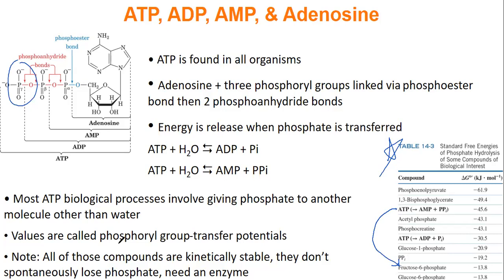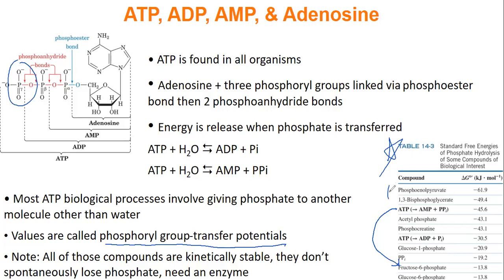This whole idea is phosphoryl group transfer potentials. That is, how much energy do I get out by taking a phosphate from a high energy compound to a low energy compound?